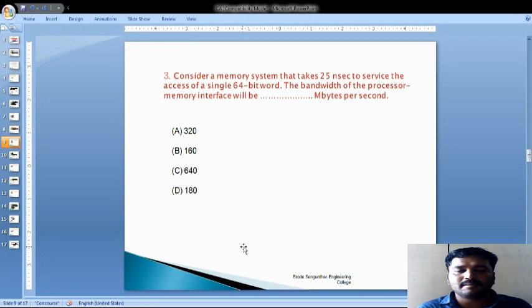These are all simple logics only. The bandwidth of the processor memory is 320 megabytes per second for a memory system that takes 25 nanoseconds to service a 64-bit word.